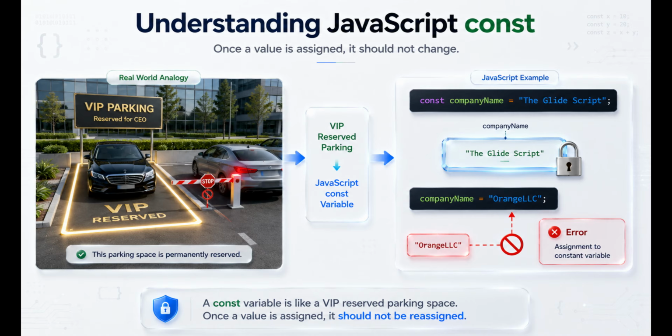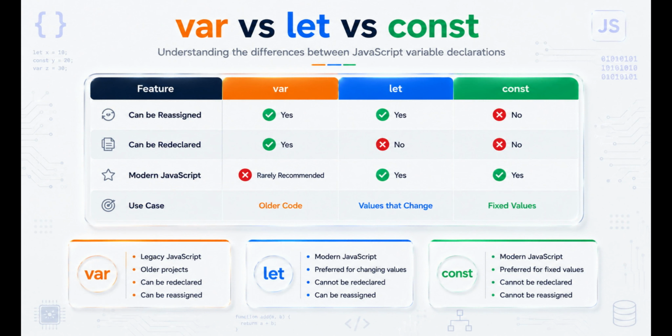Later in the programming, if I want to reassign this variable with another company name, it is not accepted and it will throw an error. This is the table to make it clear, var, let, and const. You can just go through it. I hope this comparison is enough to understand the difference between these 3.